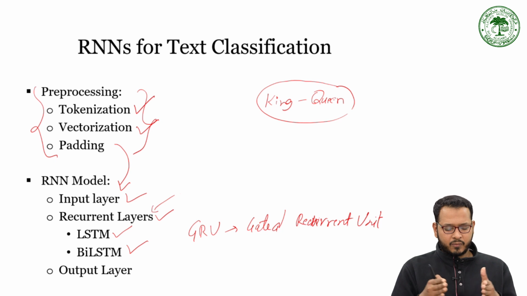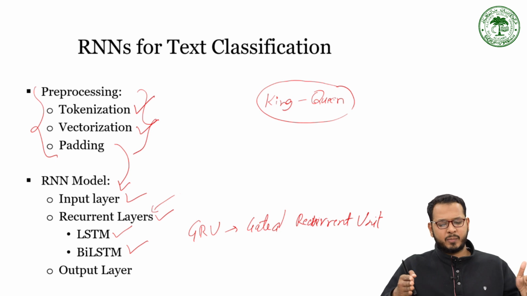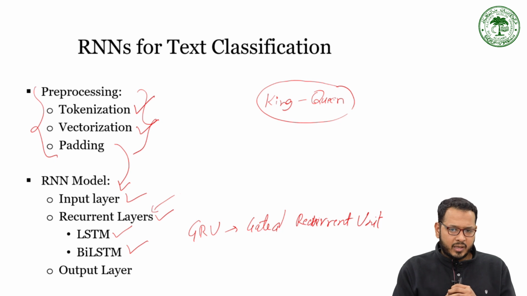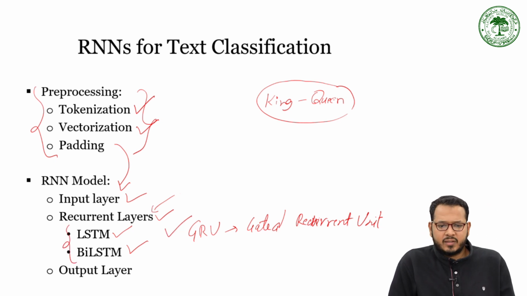So if the words are closer to one another, then traditionally an RNN can remember that. But as the gap between the words becomes larger, there is long-term dependency. In those cases, these layers were not performing very well, and that's why we have more advanced recurrent layers like GRU, LSTM, and BiLSTM. So we often use these layers.